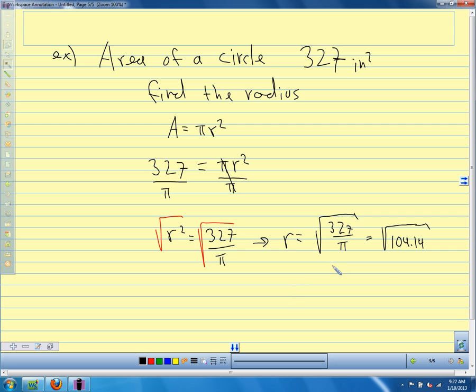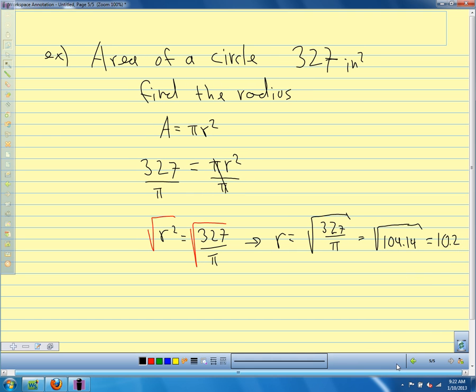So the radius is about 10.2, and our radius is a length, so it would just be inches. So when we need to find the radius, when we know the area, we just plug what we have into our formula and solve for the part that we don't know.